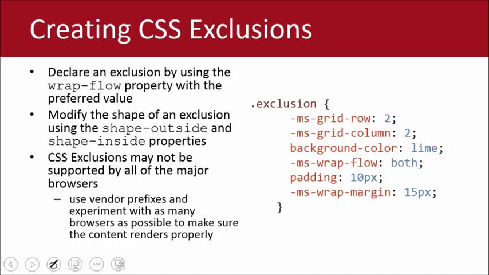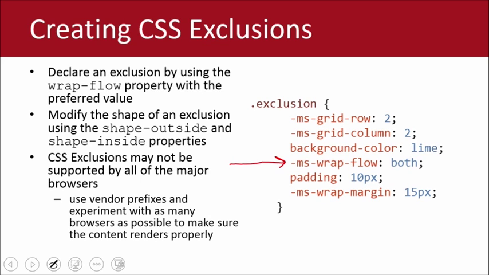You can declare an exclusion by using the wrap flow property, featured right there, and its preferred value. So we said both, which makes sure that there's wrap around each side of the element. You can modify the shape using the shape outside and shape inside properties.